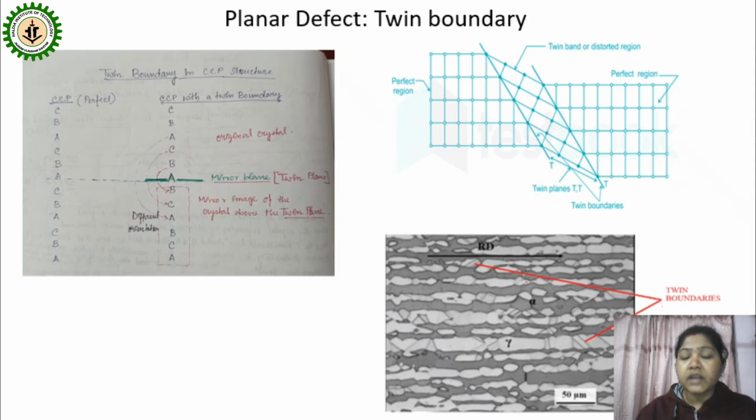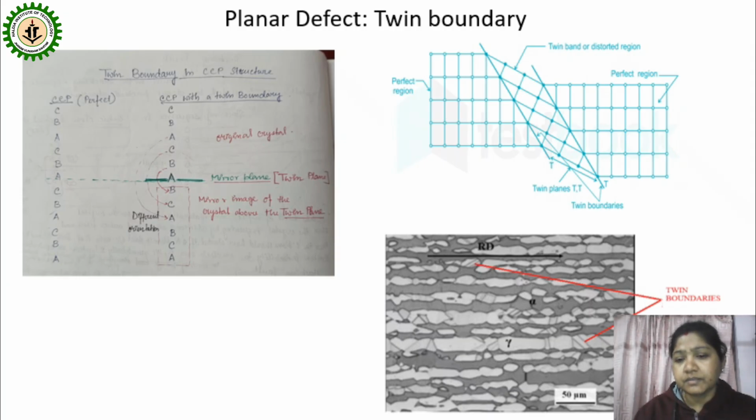There should always be two lines, because first there is a perfect crystal, and after the mirror effect another perfect crystal comes. So there should always be two boundaries present. This type of defect is called a twin boundary.